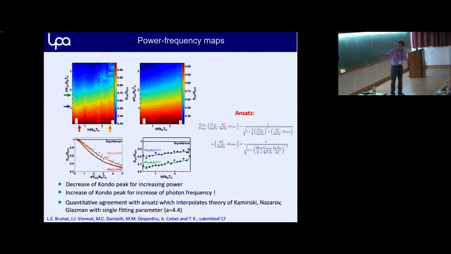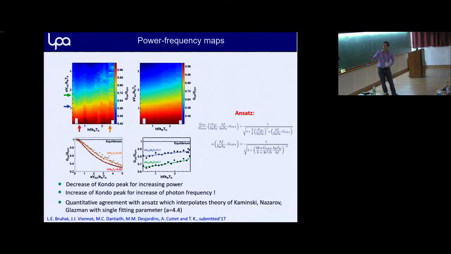In order to better show that we have a quantitative agreement with the ansatz which interpolates the theory, I have plotted 2 cuts here, which are along these arrows. You see that the dots are the experiments, and the continuous colored lines are the theory from the ansatz.